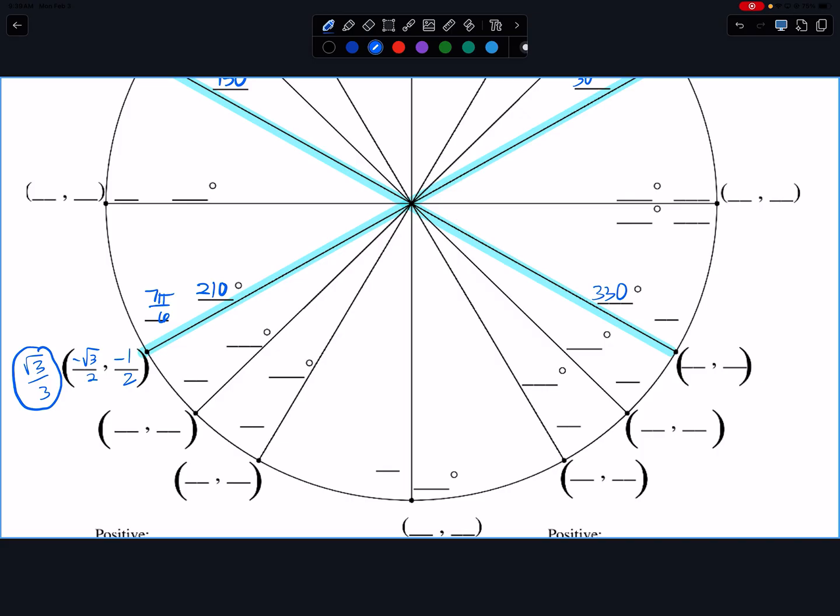How many? 11. Good. All right. What do we know about numbers in this quadrant? Which one's negative? Y. So it's going to be root 3 over 2, comma, negative 1/2. A negative divided by a positive gives me a negative. So the tangent's going to be negative root 3 over 3.